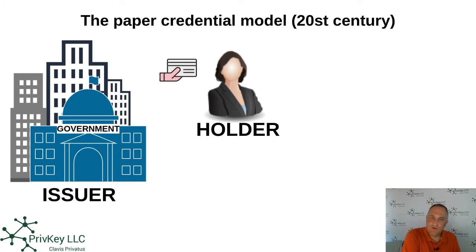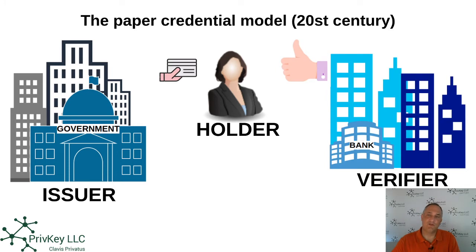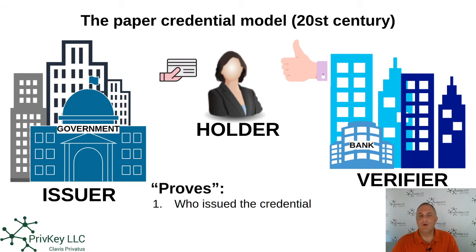The issuer recognizes this holder and issues a license or some kind of credential. Now the verifier is the one that looks at the issued credential that the holder is presenting and verifies, using different technology, to make sure that they are who they say they are. So what it does is prove who issued the credential.